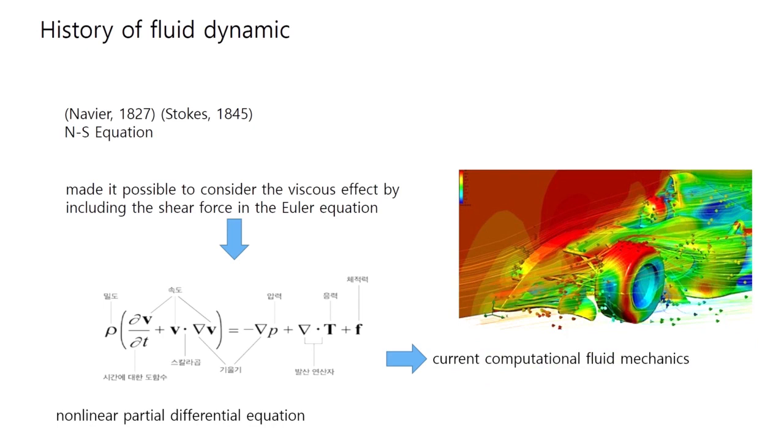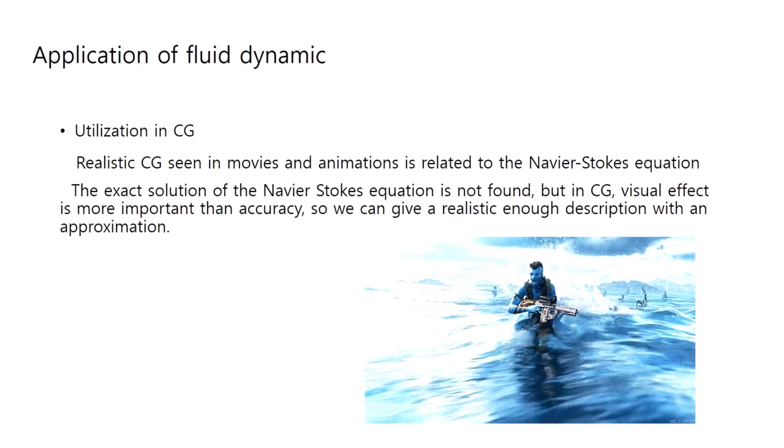First, fluid mechanics is utilized in CG. The realistic CG seen in movies and animations is related to the Navier-Stokes equation. Stanford University computer science professor Ron first utilized the Navier-Stokes equation in 1999 to create CG simulations, starting with this equation being used in various movies and animations.